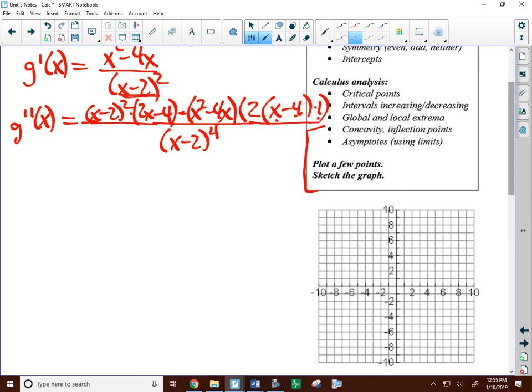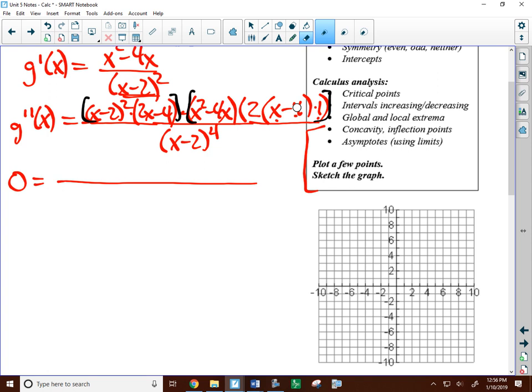Okay, now I'm going to set it equal to 0, and the denominator is all right, but I need to really simplify the numerator. To help simplify the numerator, there's one big term here, minus there's one big term here. And each of those terms has an x minus 2 in it. Oh, right. Why did I write x minus 4?